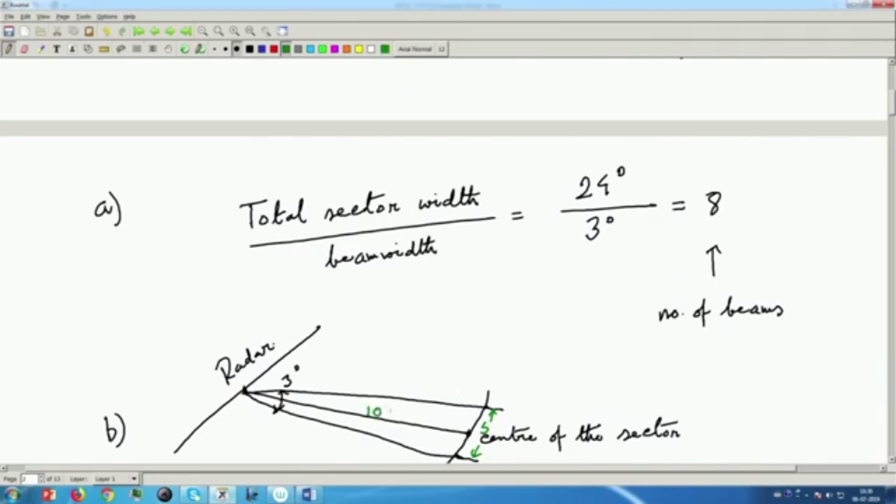That means this is the slant range. So, this distance is 10 kilometer, with 3 degree beam width.